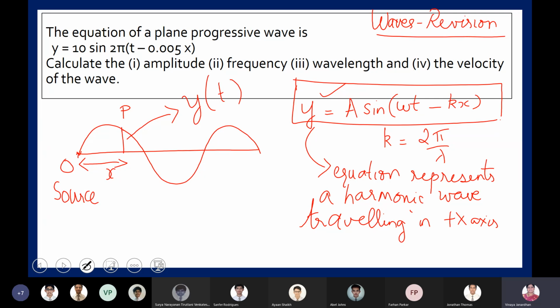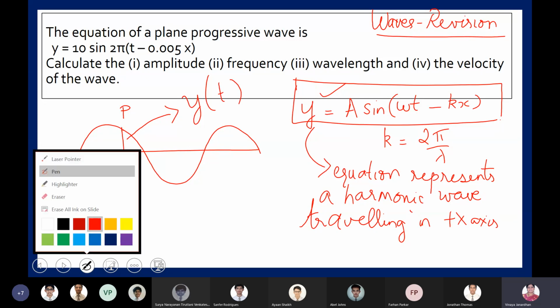A wave is a disturbance which is produced by a vibrating source. When the wave passes through the medium, consider a particle P at a distance x from the source. This particle will undergo a displacement y in a time of t seconds.